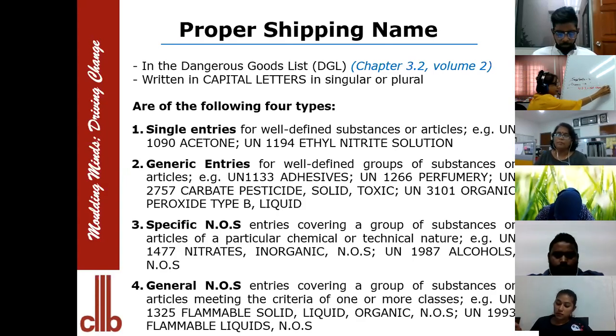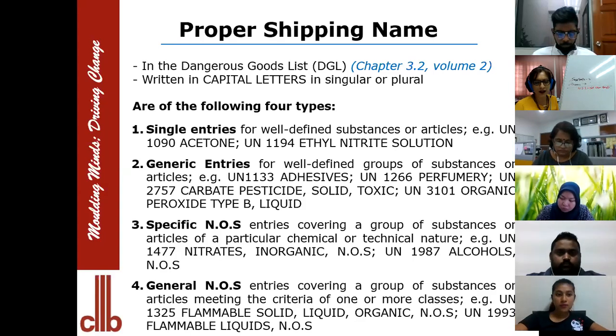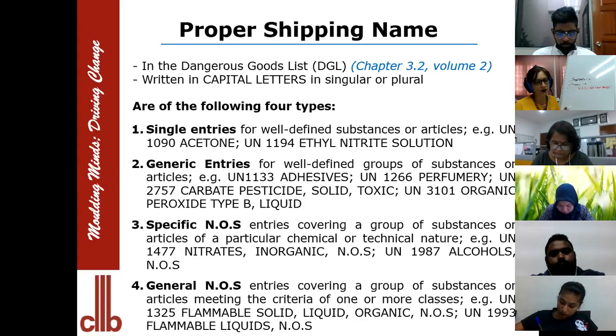So what does that mean? Let's take that in the sense of the English language. What does not otherwise specified mean? It means I have something that, when I tested it in the lab, demonstrated hazards. It either exploded or it's a flammable liquid or a flammable solid, based on what we discussed in classes.